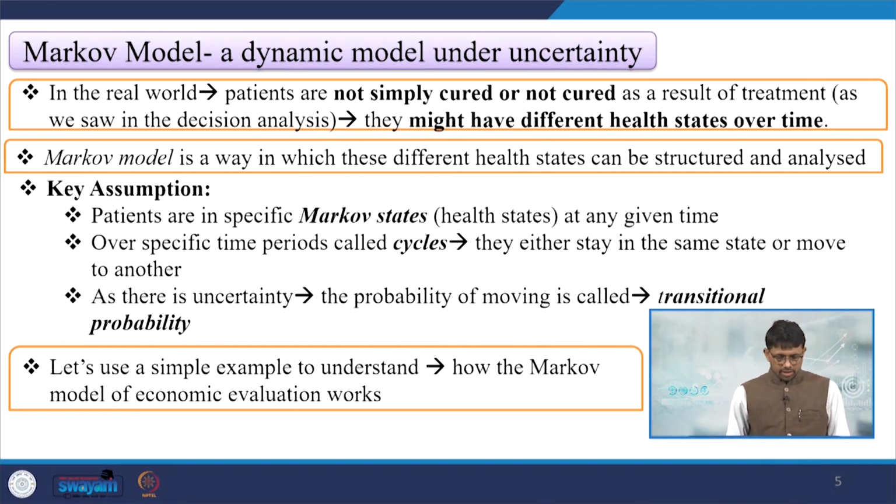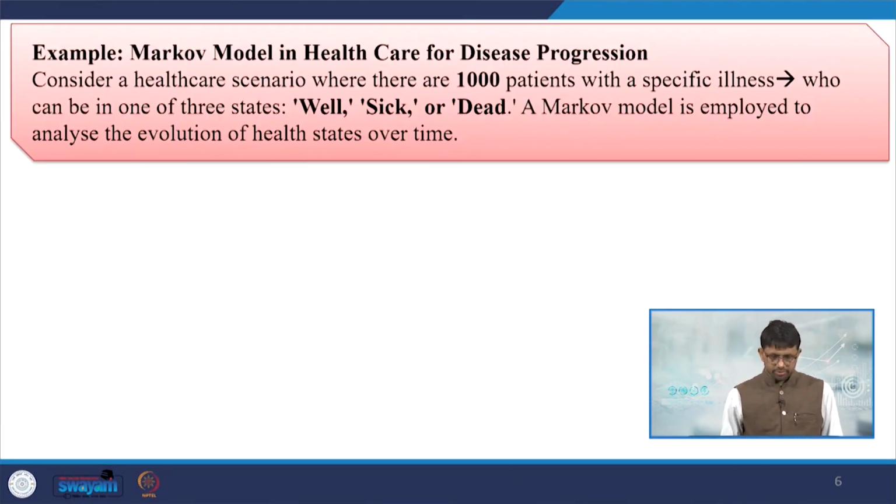Let us use a simple example to understand what this Markov model is for economic evaluation. We have cited here a Markov model in healthcare for disease progression. Consider a healthcare scenario where there are 1000 patients with a specific illness who can be in one of three states: either well, sick or dead.